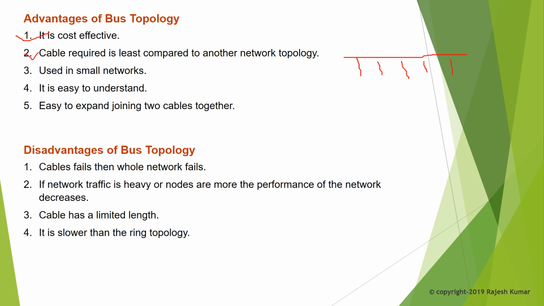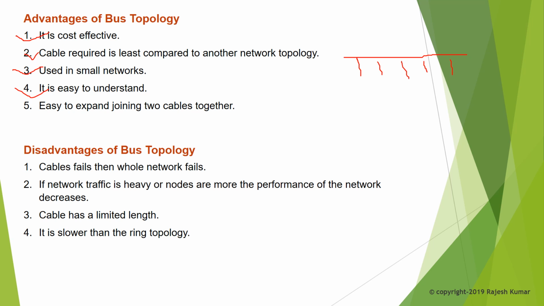The third advantage of this topology type is that it is good for a small environment. That means if you want to build a network with hundreds and thousands of computers, this would not be a good option. The fourth advantage is that it is easy to understand.